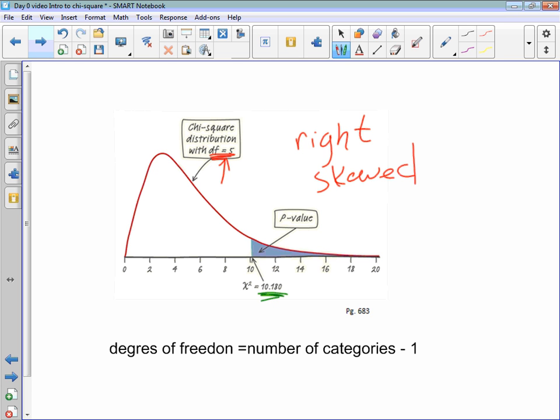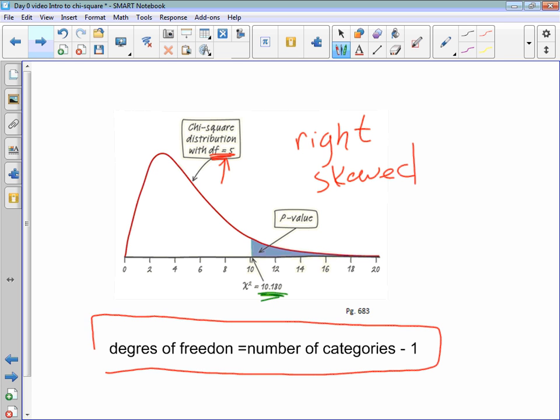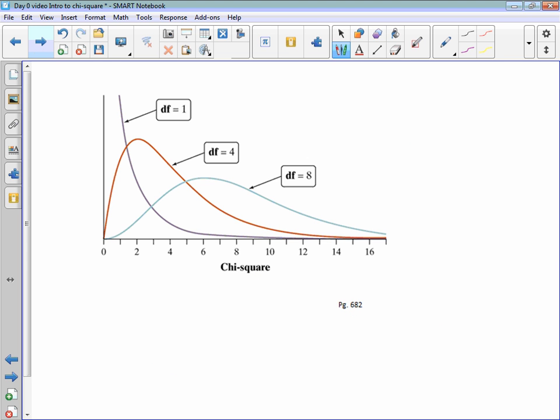Degrees of freedom is going to be the number of categories minus 1. The chi-square has a very different shape depending on how many degrees of freedom there are, but it is always right skewed.